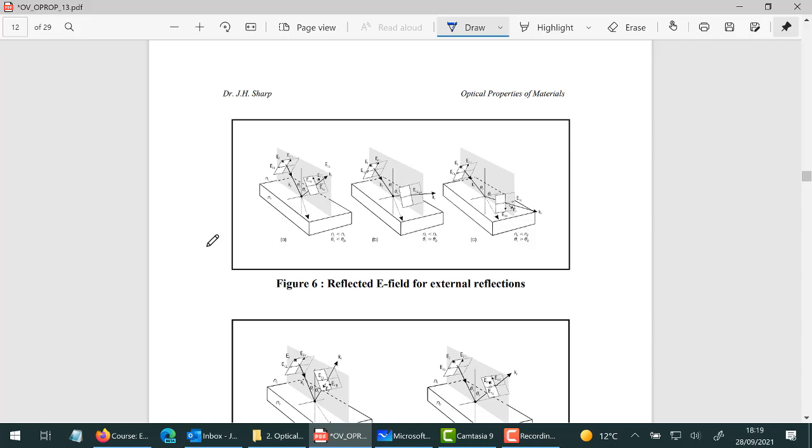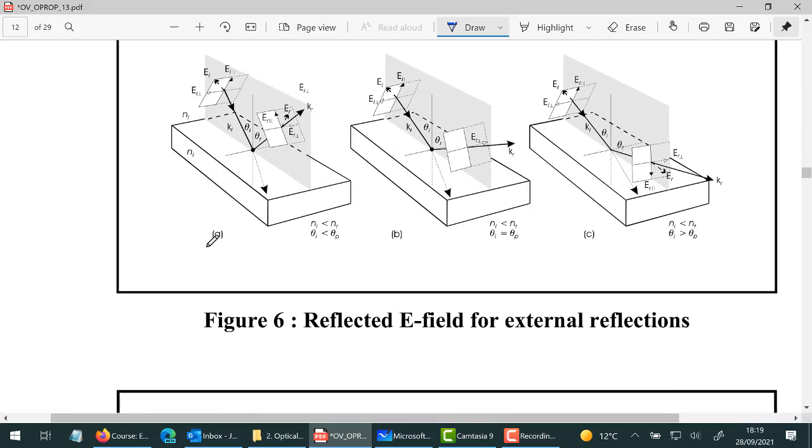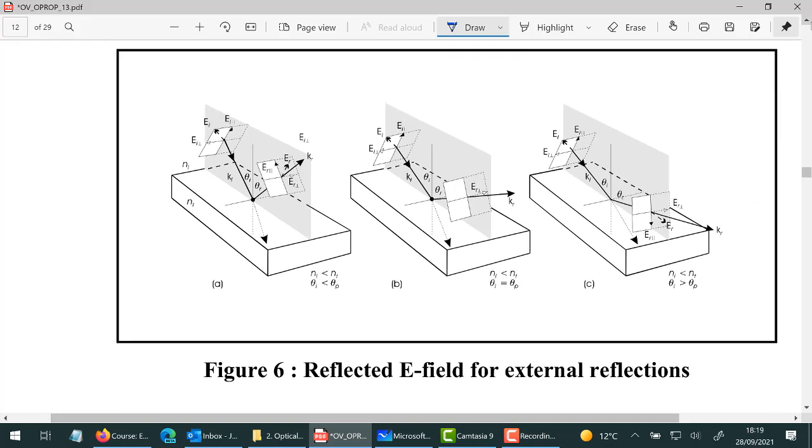So these diagrams show you what happens as this angle of incidence increases. You see that our input vector is pointing in that direction out of the plane, so it has a perpendicular component and a parallel component.